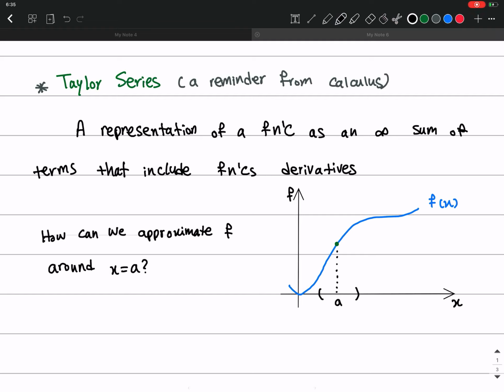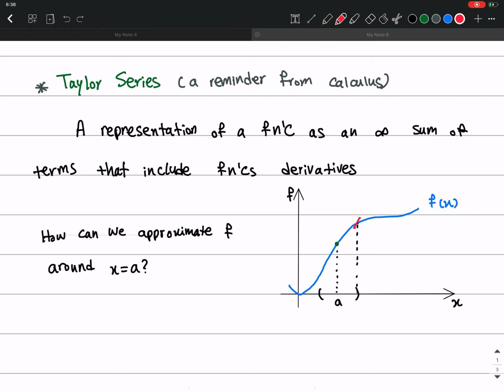Let's say, in a close vicinity of this point, somewhere around here, I want to approximate f based on the value of f at a, which is this green one, plus any derivatives, like the first derivative, second derivative, or third derivative. So how am I supposed to do that?